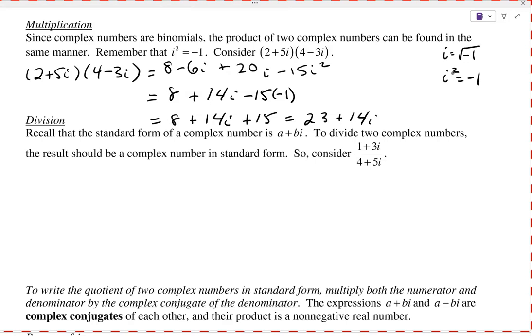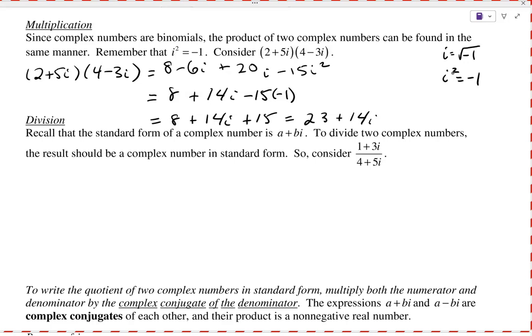And again, the answer you'll type in Hawk will want you to put it in standard form. We'll do more examples of the multiplication, but is that okay? All right. For multiplication, that's literally all you have to do.